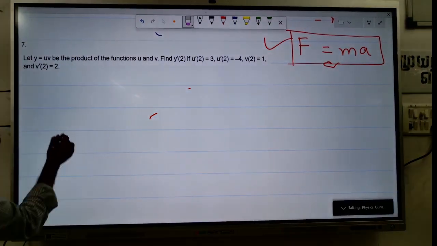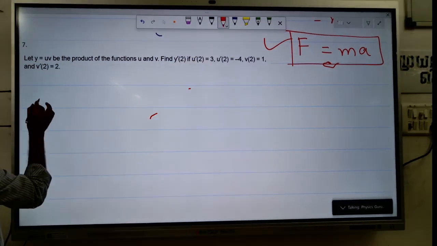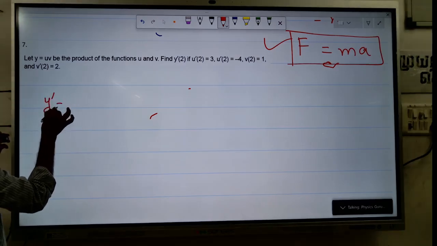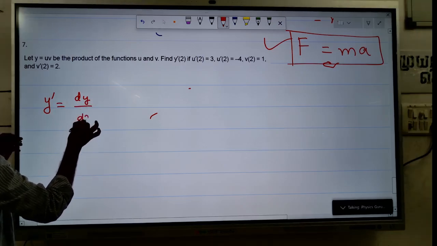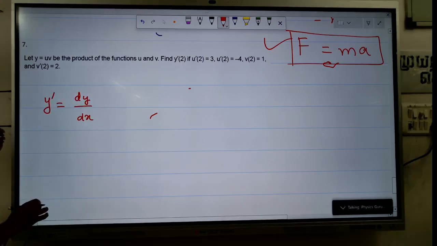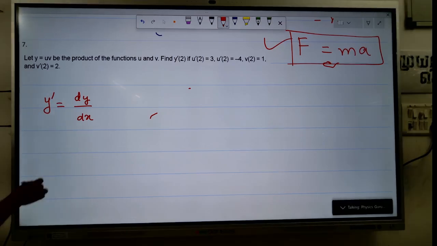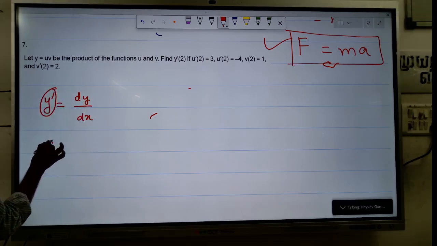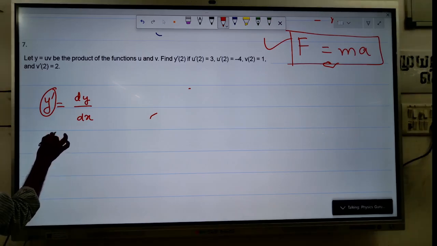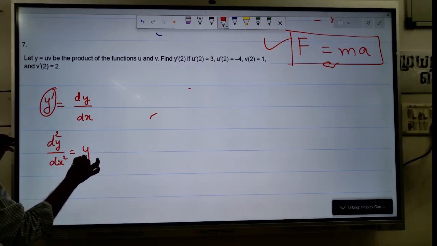Children, remember, y prime means dy by dx, or the derivative of any quantity with respect to x. If you write it like this, it means dy by dx. d squared y by dx squared means y double prime.